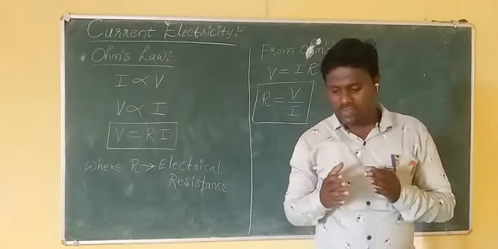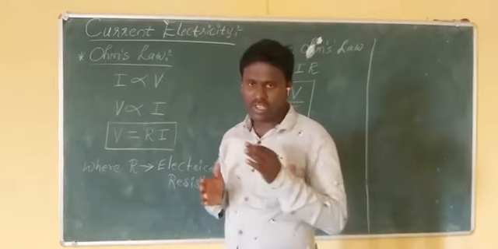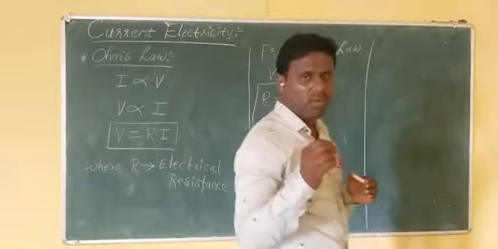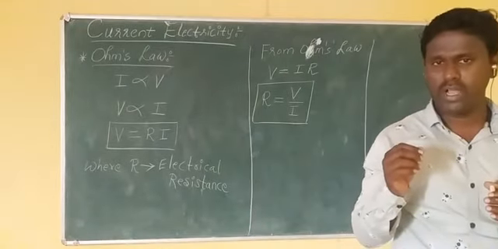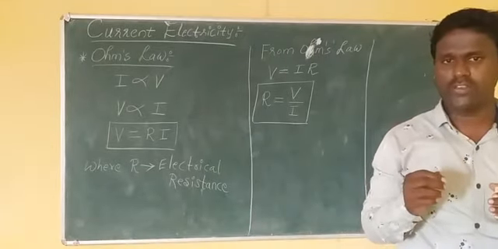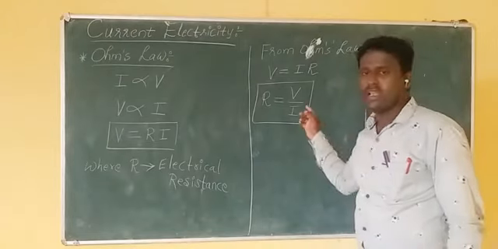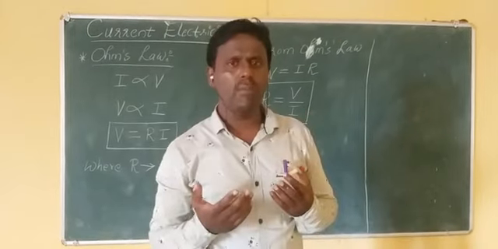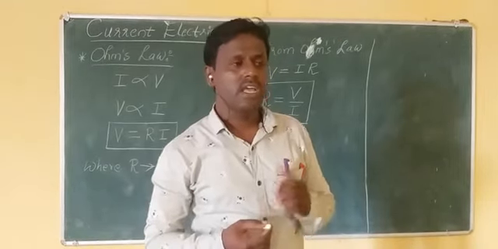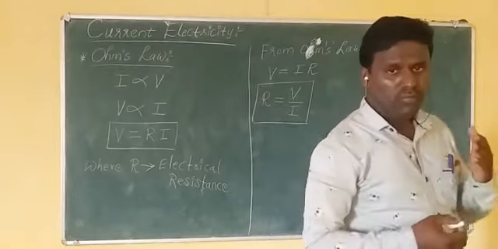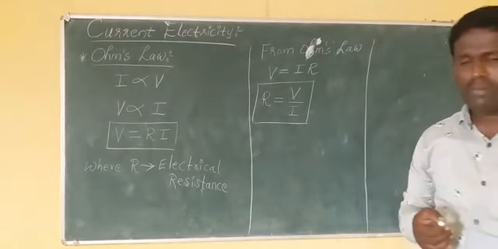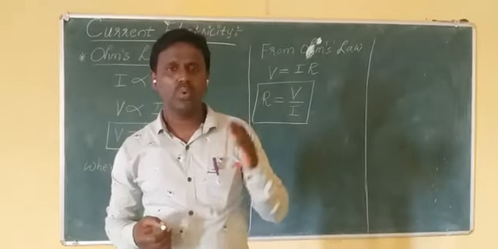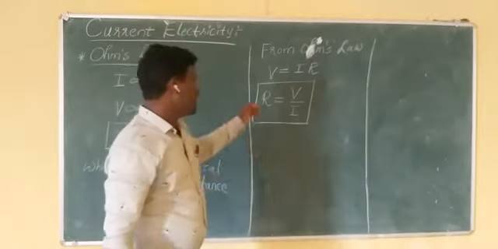How much opposition is given by the metal wire to the flow of current? That is known as electrical resistance. It is the opposition offered by a wire or a metal to the flow of electric current through it.